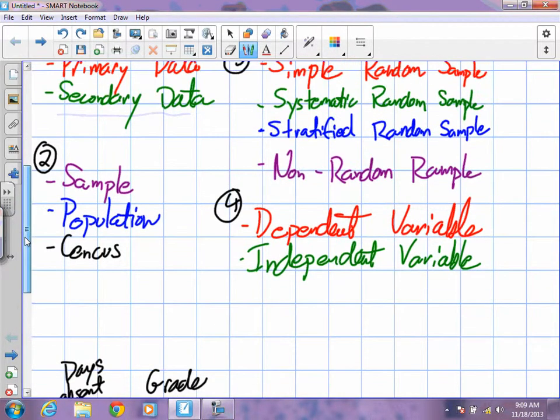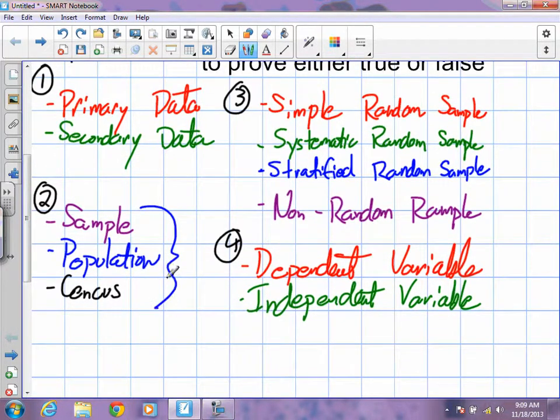Now, when we're collecting data, we usually collect it from two different sets of groups. Okay? There's a sample, and a sample would be a group of people within a population.